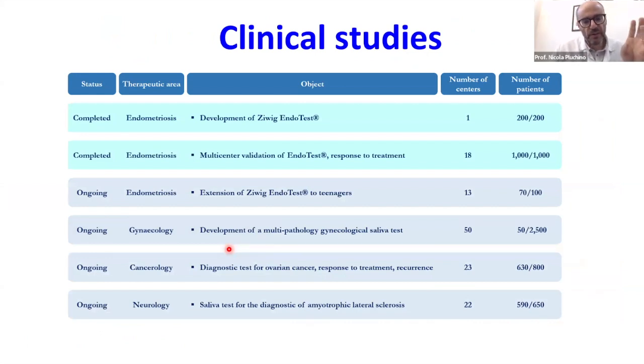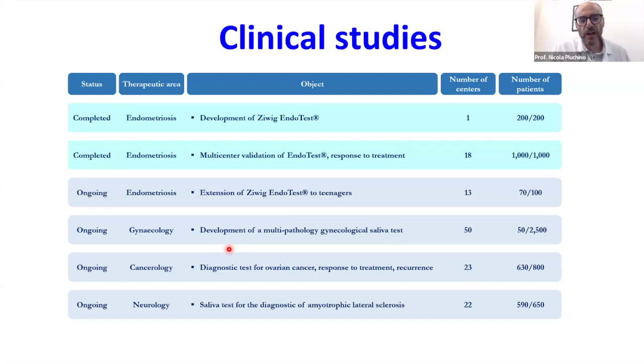The point now is to use this tool also to answer more questions about endometriosis. And I would like to share some of the ongoing trials that are now available using these technologies, this platform that is provided by a company in France. This is called Ziwig.